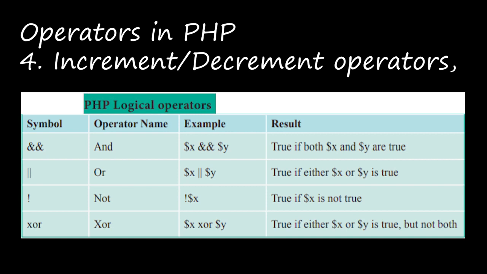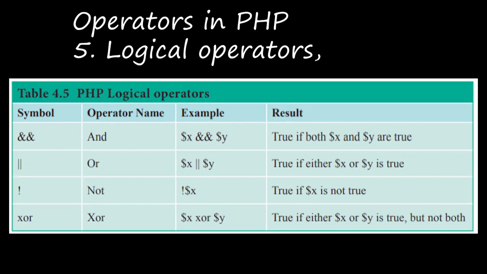Next is logical operators. Logical operators are and, or, not, and XOR. The symbols for these are also given in your book. The AND operation has two values or variables; if both are true, the result will be true. The OR operation means either X or Y: if any one of the values is true, the result will be true.